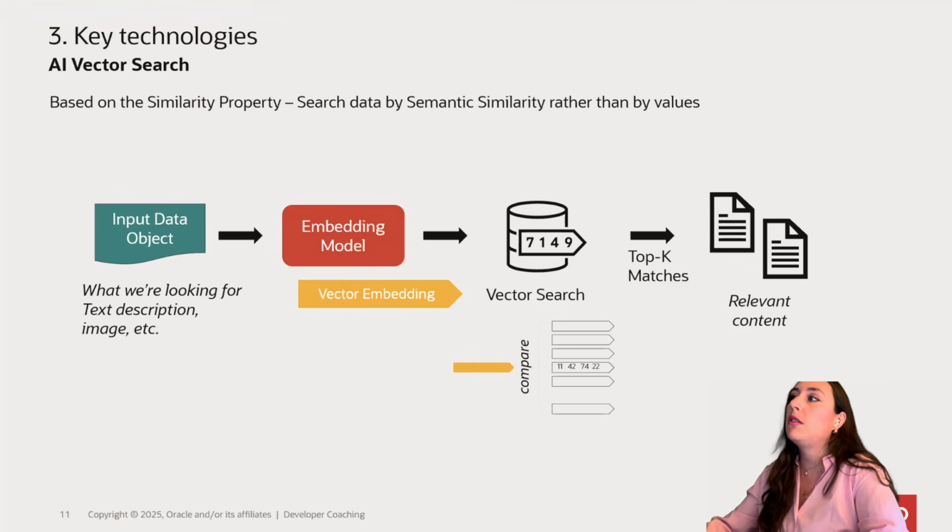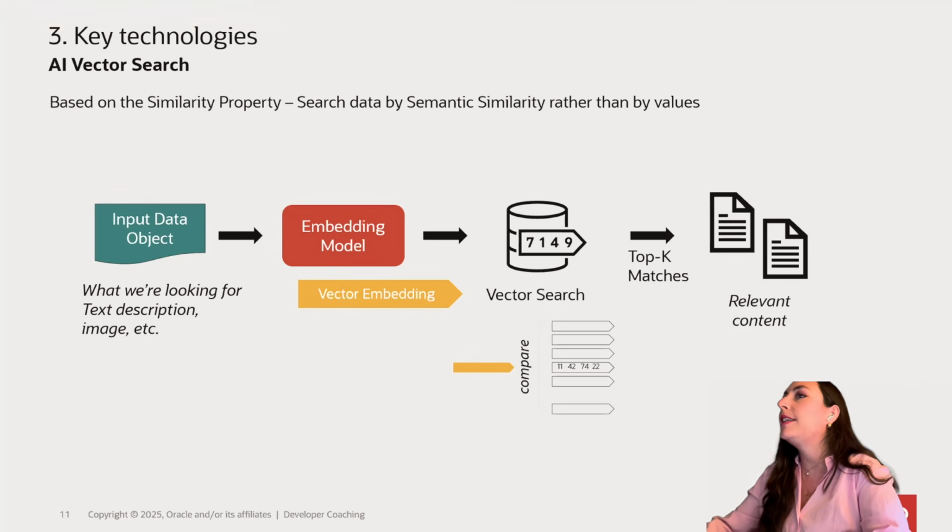And then we are storing those vectors in the database and use vector search to compare them with the existing catalog vectors. And of course, finally, what we are going to get as an output is the top K matches, at the end, the items that are closest in this vector space. So we are going to show the most relevant content. So here, the most important point is that we are searching by semantic similarity, not exact keywords.